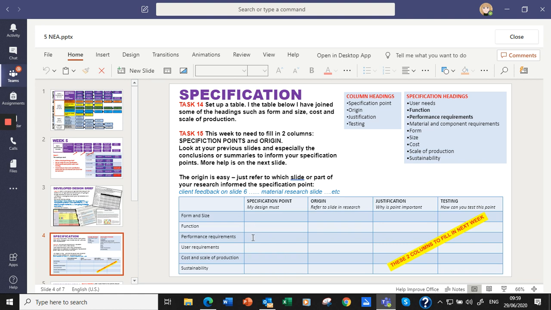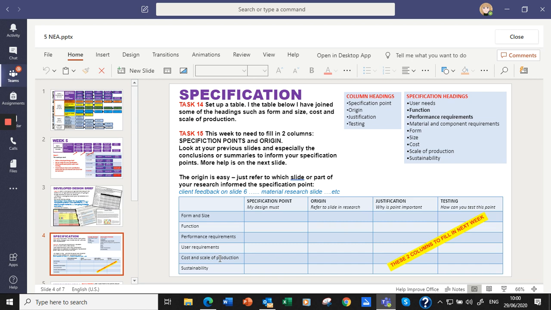Performance requirements are what performance, so does it need to light up the entire garden, for example, or does it need to just be a mood lighting, which is what I've decided that mine's going to be. How's it going to perform? What's it got to do to work well? User requirements, what does your client want? My client wants it to be solar, so it's not using electricity.